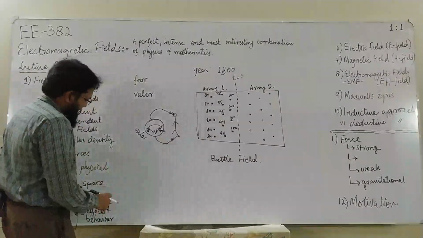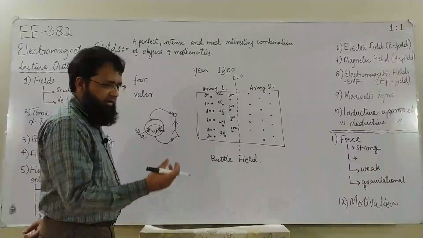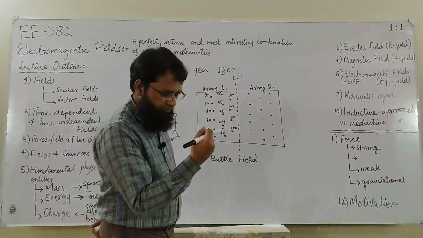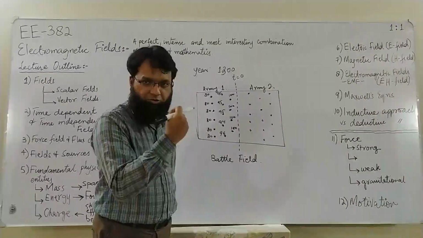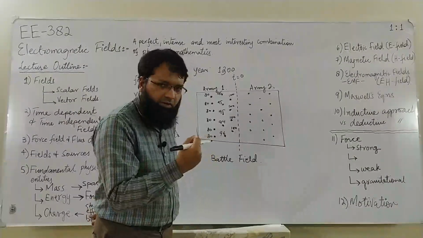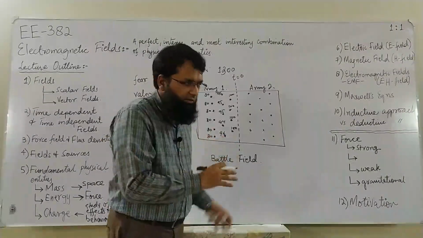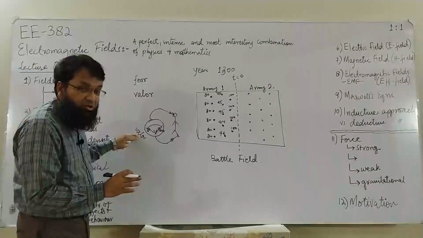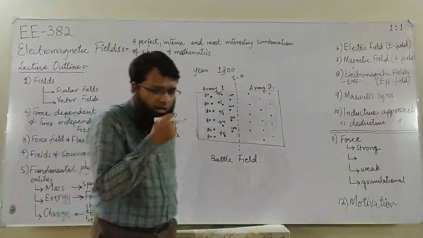But if somehow I say, all right, valor is something, you know, we call it in Urdu bahaduri, all right, jazba, josh. Is it a vector quantity or is it a scalar quantity? If valor is a measurable quantity, how would you measure it?